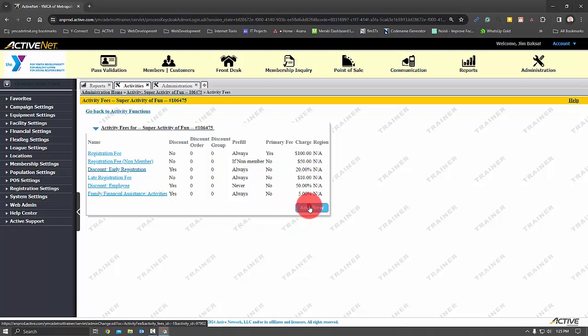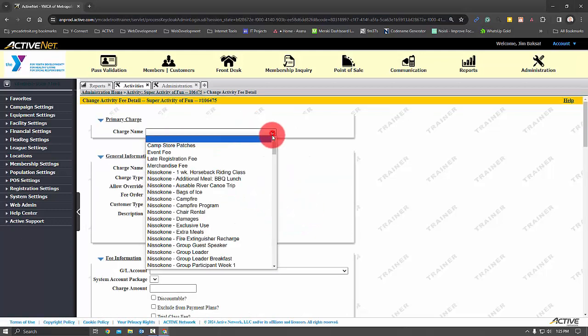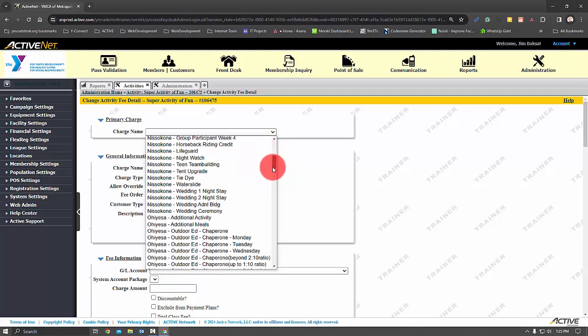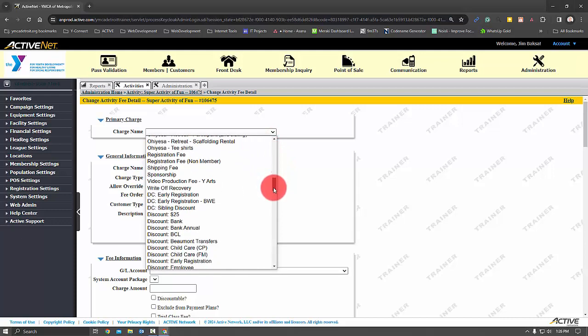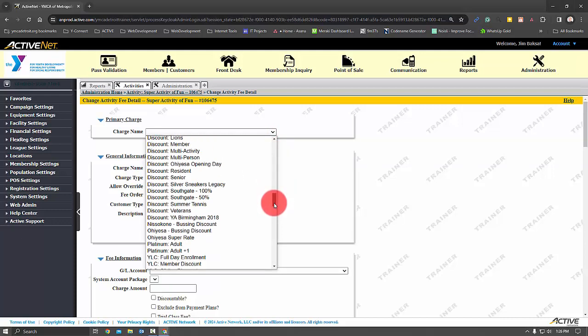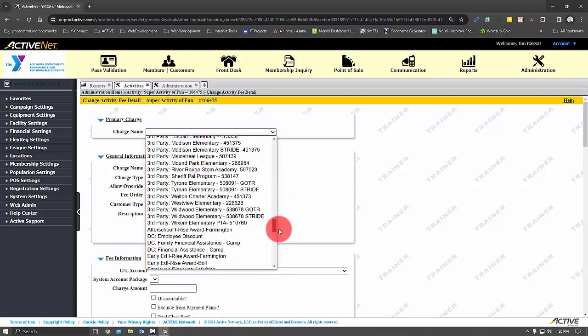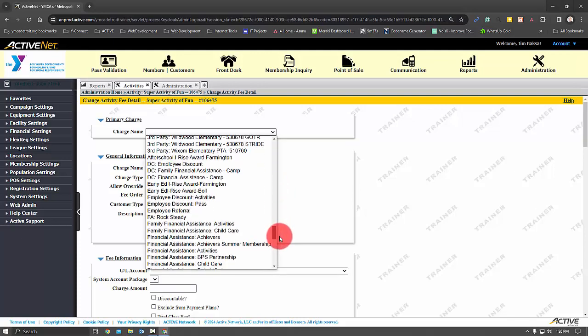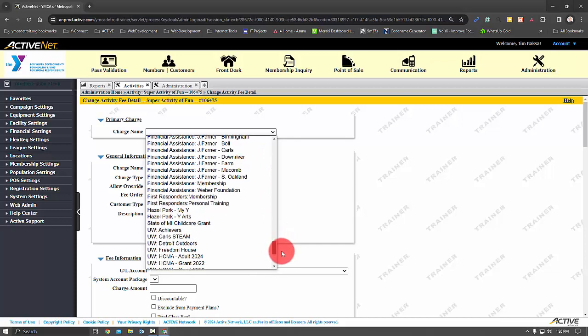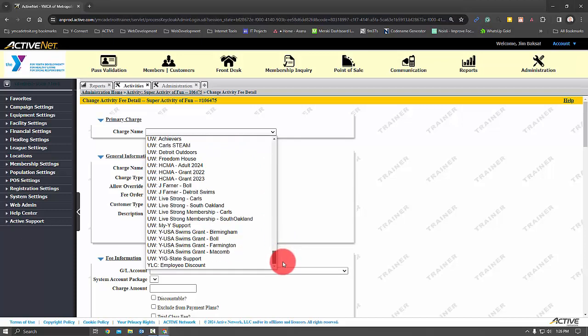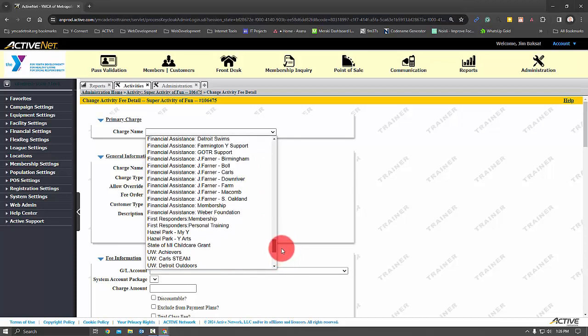Then we have another financial assistance one that needs to be added. That's for individuals. So we'll go find our individual one. Third party, employee, these are family, United Way. I'm missing my individual one.